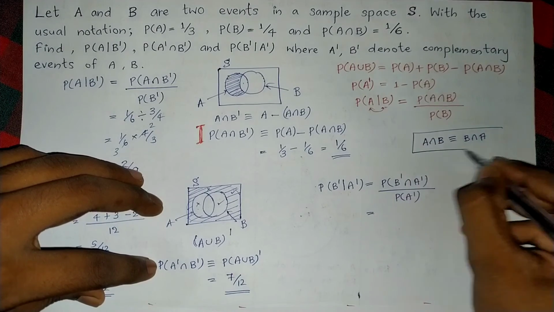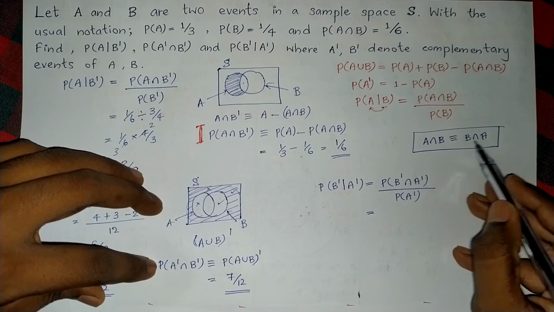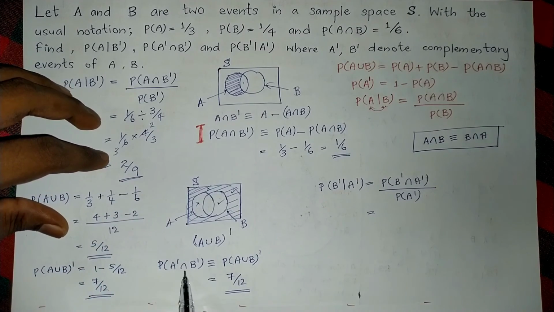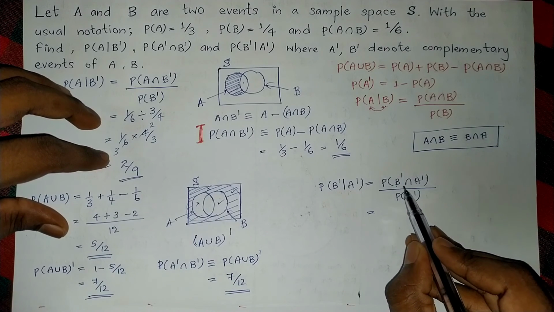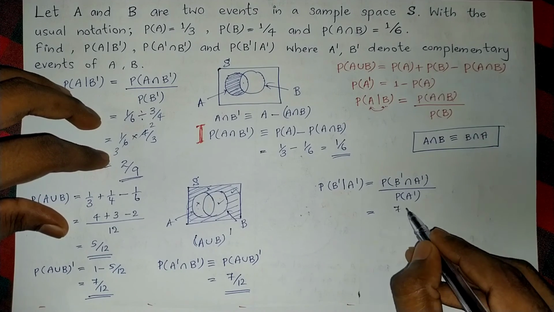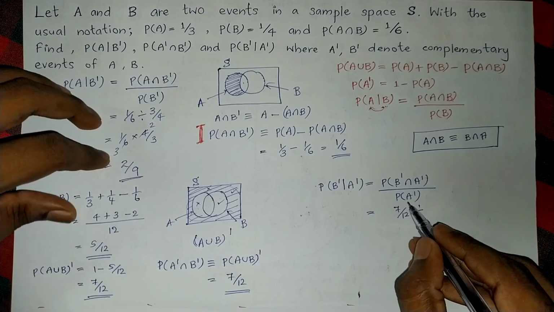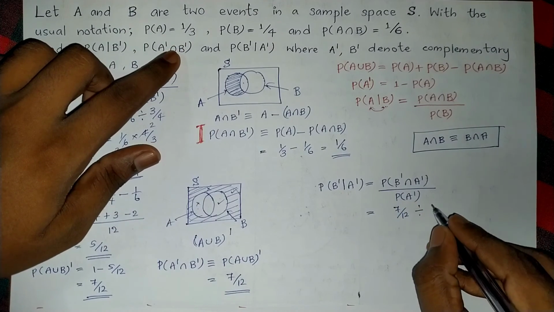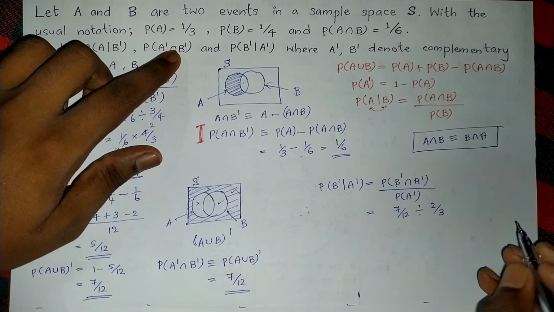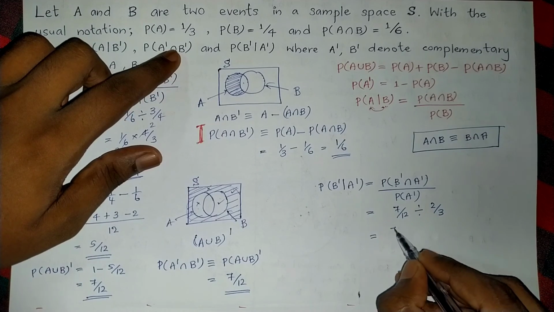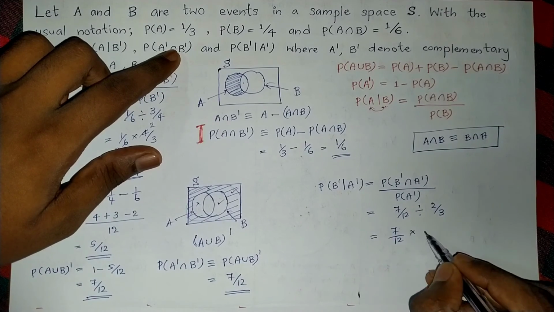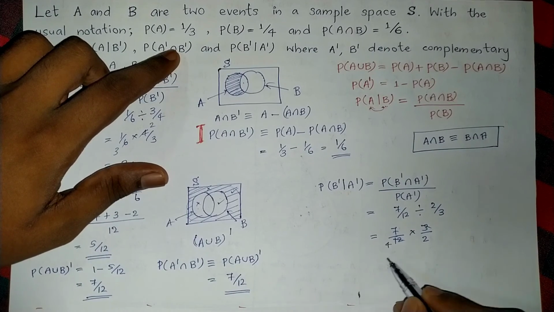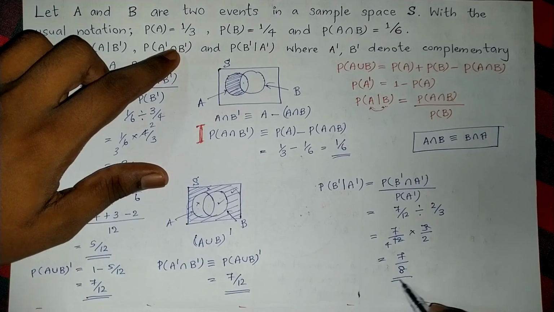We can use this theory: same two events, we have to consider their intersection. So A dash intersect B dash is the same as B dash intersect A dash, which is 7/12 divided by probability of the complement of A. A is 1/3, complement is 2/3. Then we have 7/12 multiplied by 3/2, which is 7/8.